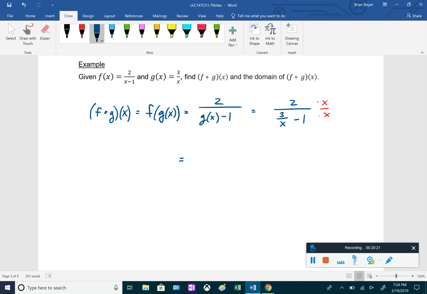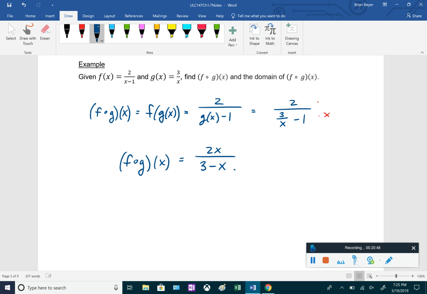When we do that, we would end up with 2x divided by 3 minus x. It has to get distributed to both terms in the denominator, so the x's cancel for 3 over x, and then negative 1 times x is just negative x. Okay, so this is our f of g of x.